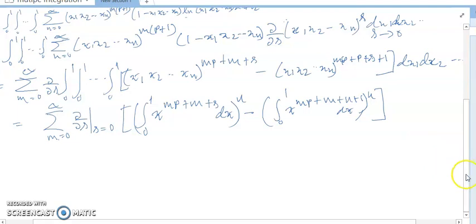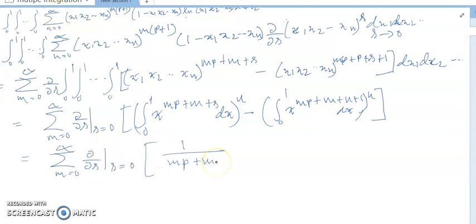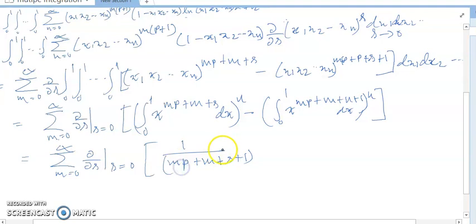So I can write summation m equals 0 to infinity of 1 by (mp plus m plus s plus 1) whole to the power n, minus 1 by (mp plus m plus p plus s plus 2) whole to the power n. This way I can write.